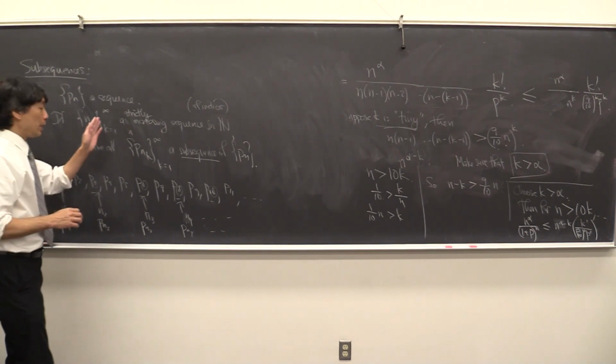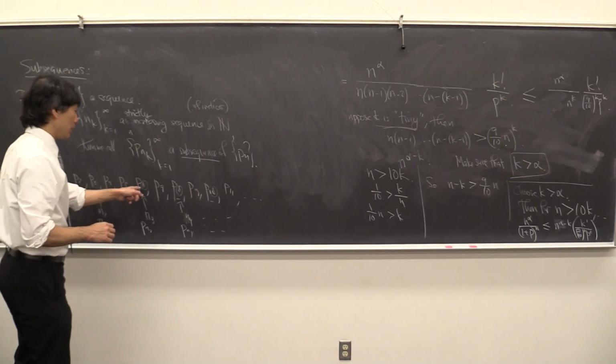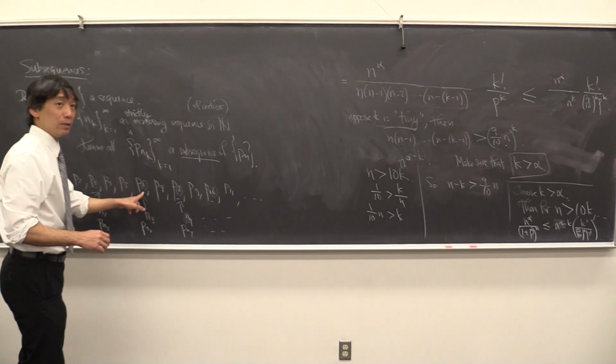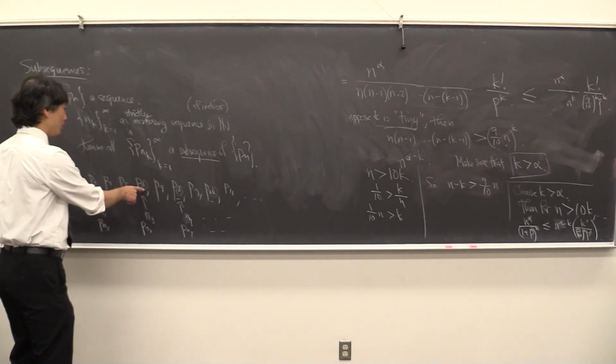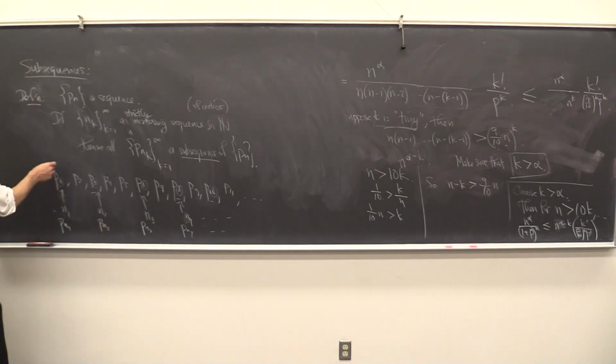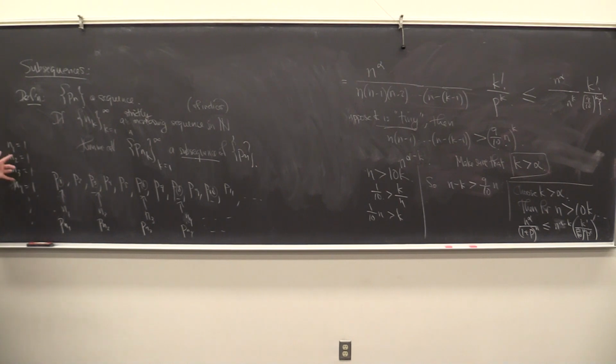Well, if it were just increasing, then it could get stuck on one number, and then it would repeat this thing, and maybe the number isn't repeated in the original sequence, right? So like, if my sequence were n1 equals 1, n2 equals 1, n3 equals 1, and n4 equals 1, et cetera, then my sequence would be P1, P1, P1, P1, which is not a subsequence of this.